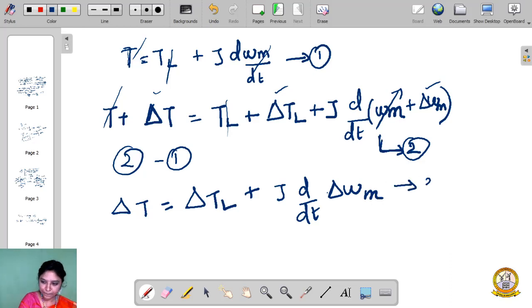So this is the third equation. This equation is called the small signal equation.